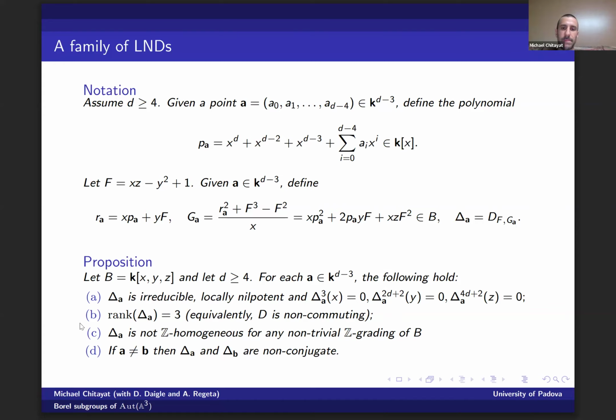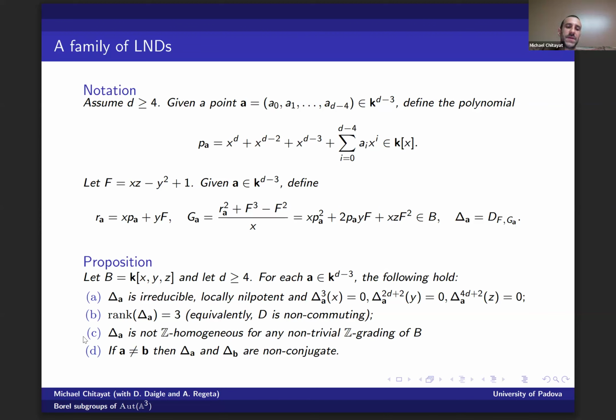Item B, you can check. I mean, it's not immediately obvious, but you can see that these are very, very similar to Freudenburg's derivations that he discovered about 30 years ago that have rank 3. And so it's not hard to convince yourself that these have rank 3.